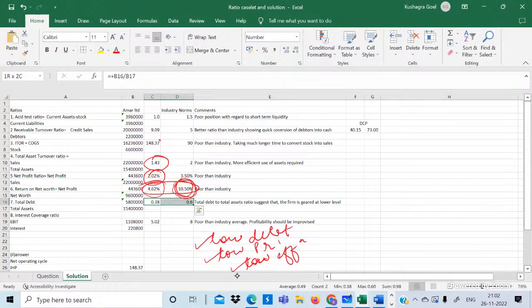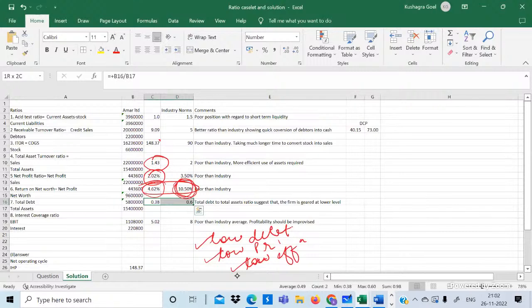Subramanya, lower is better. Lower for what? The debt to asset ratio? No, there is no standard number that says you should have a low debt to asset ratio. Some companies will prefer a low debt to asset ratio because of the sector they are in. Some companies will prefer a high debt to asset ratio because of the sector they are in.